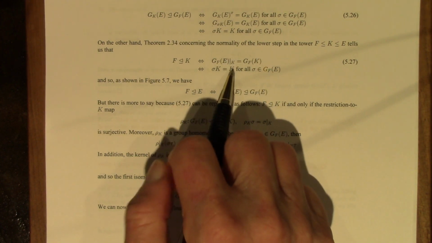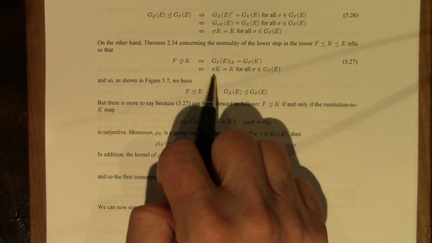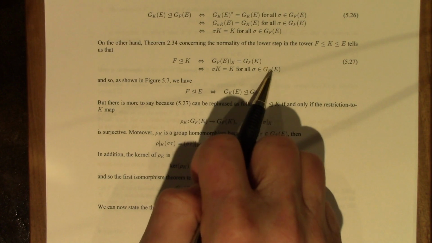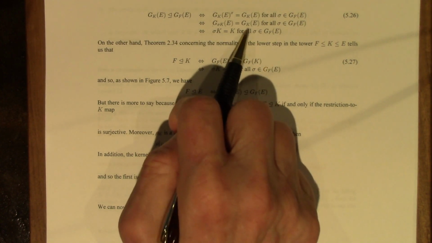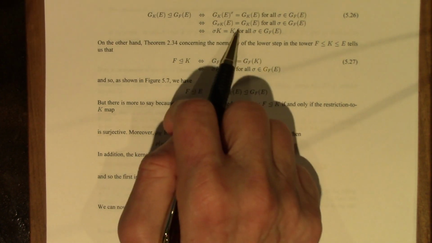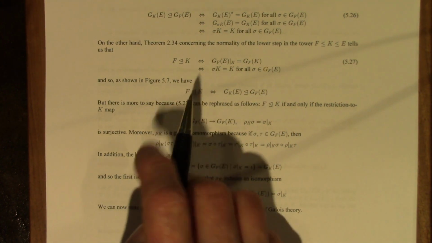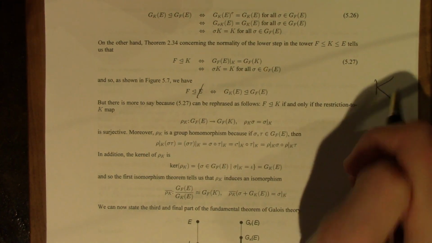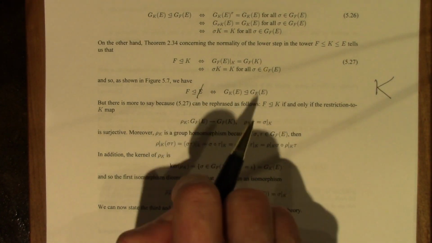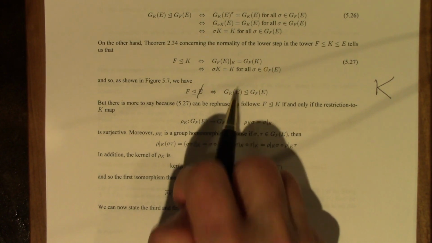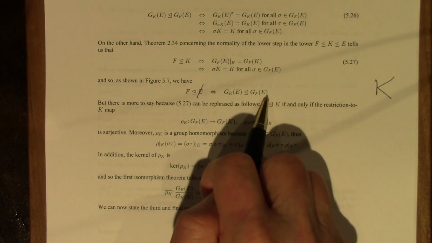And that was also equivalent to σK equals K for all σ in G(F/E). Well, that's what we have here. So these two are the same, and therefore F/K is normal if and only if G(K/E) is normal in G(F/E).